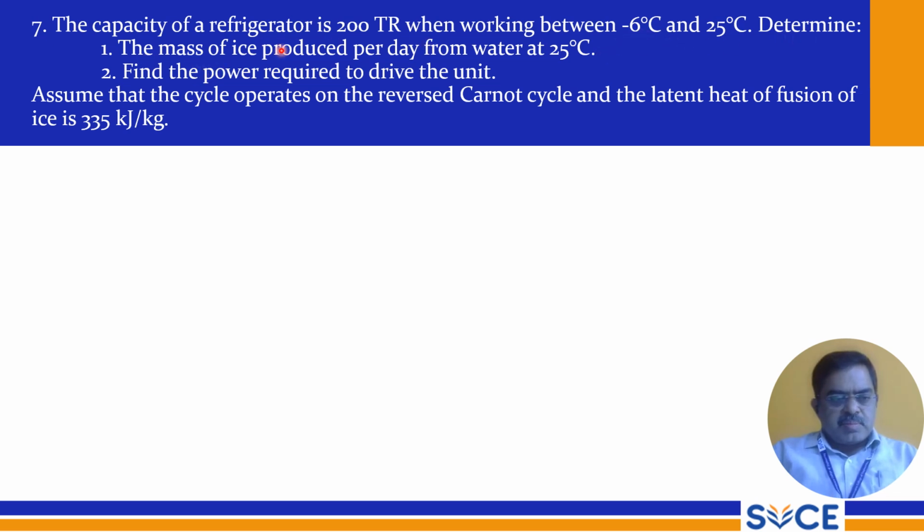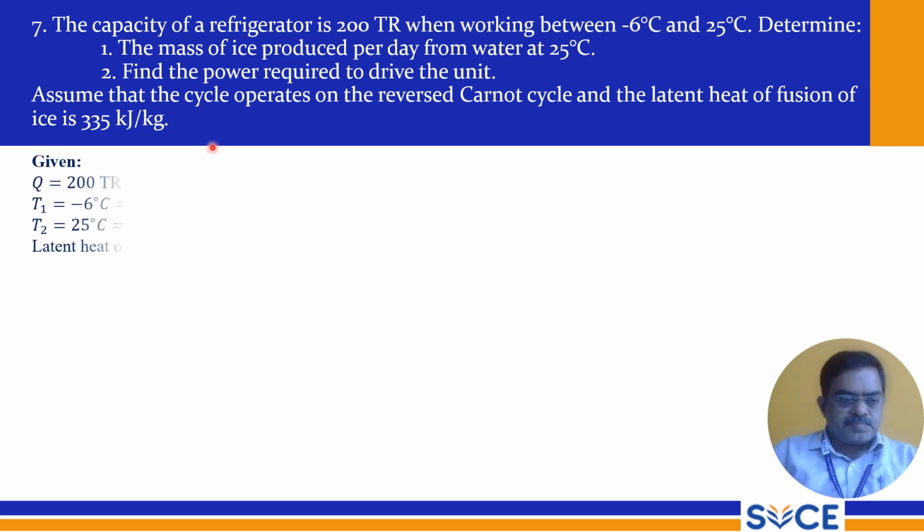Determine the mass of ice produced per day from water at 25 degrees Celsius. Find the power required to drive the unit. Assume that the cycle operates on the reversed Carnot cycle and the latent heat of fusion of ice is 335 kilojoules per kg. So these are the given data, and we can easily calculate these two tasks.